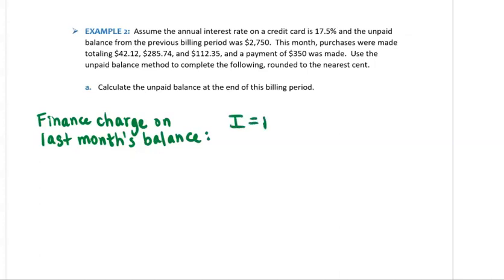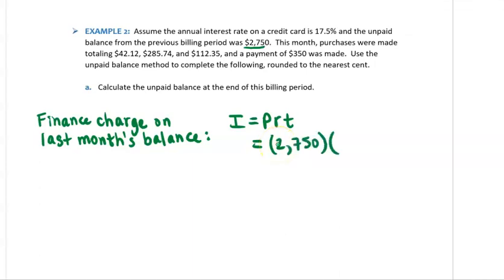This is calculated using the simple interest formula, where P is the unpaid balance from the previous billing period, which is given to us, $2,750.